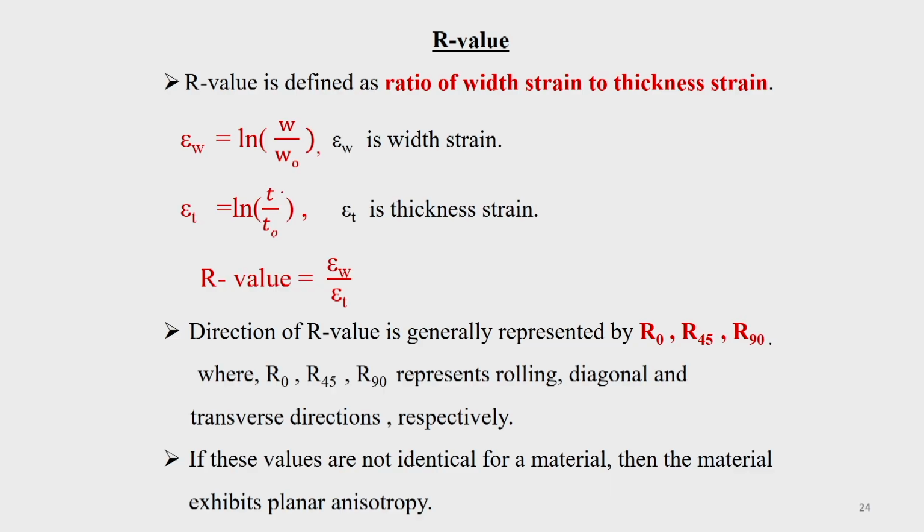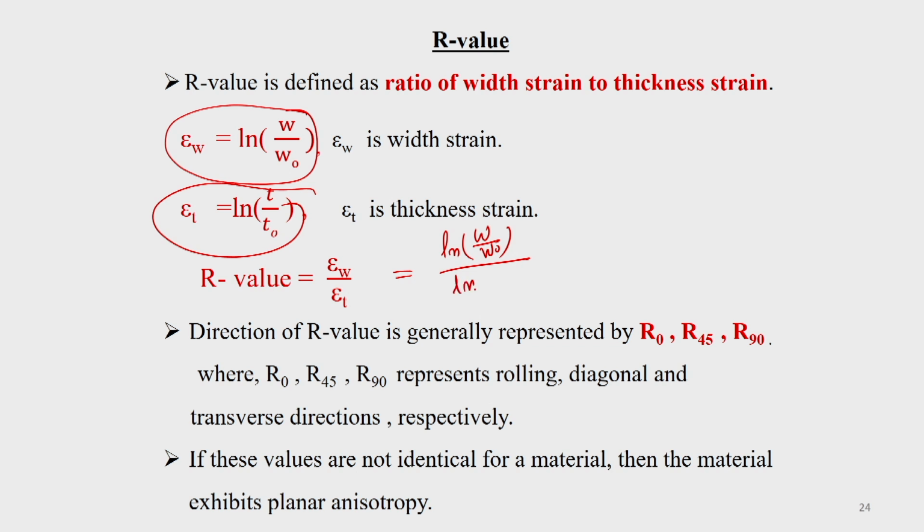That means R equals epsilon W by epsilon T, which is equal to log of W by W0 divided by log of T by T0. The value you get from this ratio is called the R value. Now, this R value depends upon different directions also.